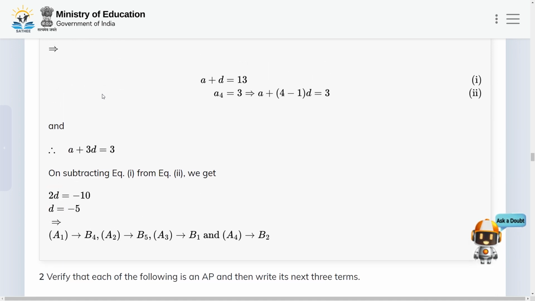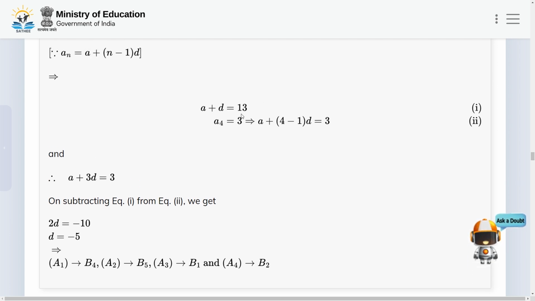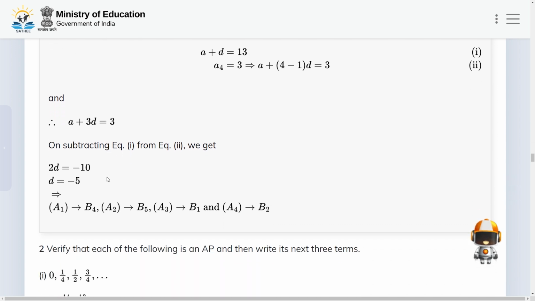Basically here we get two linear equations. So now we can find the values of a and d by using the elimination method or substitution method. If we solve a plus d is equal to 13 and a plus 3d is equal to 3, then we get the value of d is equal to minus 5, and this is our required answer.